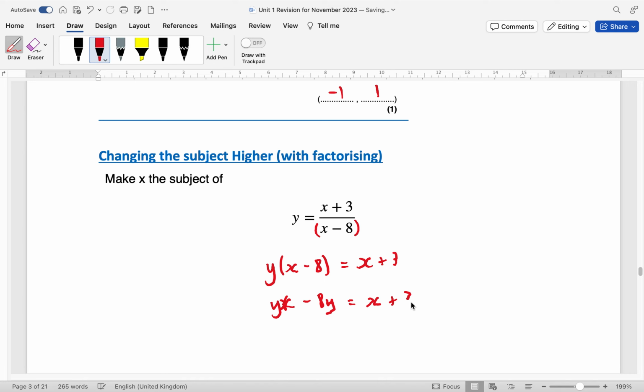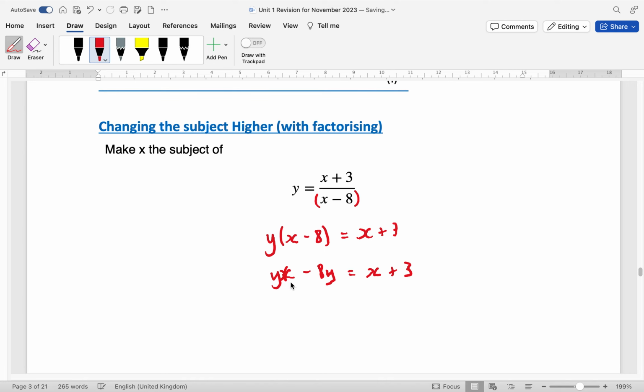The difference between this one and earlier is I've got two terms with my subject in. I've got this one and this one, both with x in. That needs to come over this side. Anything without the subject can go the other side. So yx minus x equals 3 plus 8y.